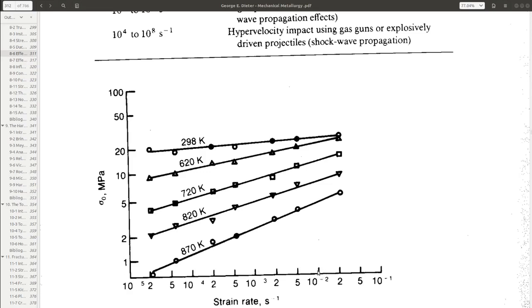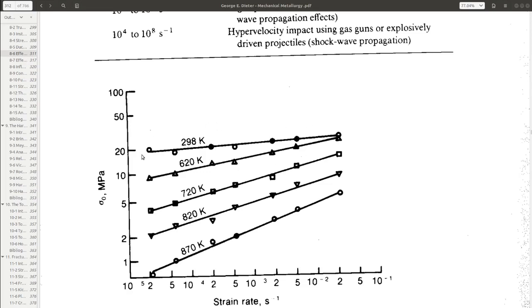If you see the room temperature curve, what we observe is that if we keep on increasing the strain rate, there is a little increase in sigma naught. The yield strength increases if I increase the strain rate, but that isn't significant.